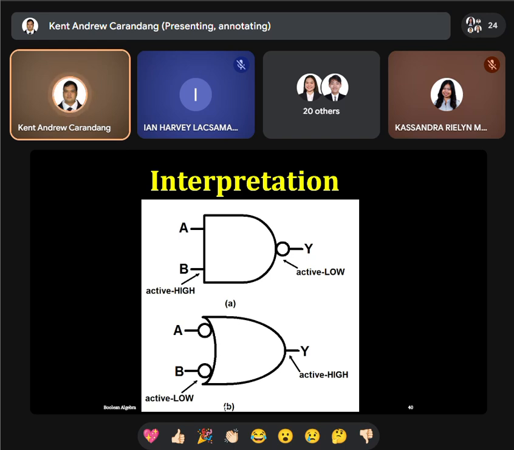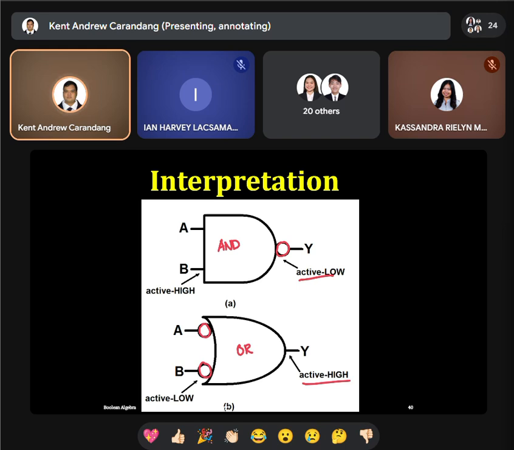For the interpretation, if both of the inputs are active high, expect that the output is active low if there is a bubble in this logic circuit. If our input is active low, or there's a bubble on both of the inputs, the output will become active high if using the OR gate. And this is for the AND gate.